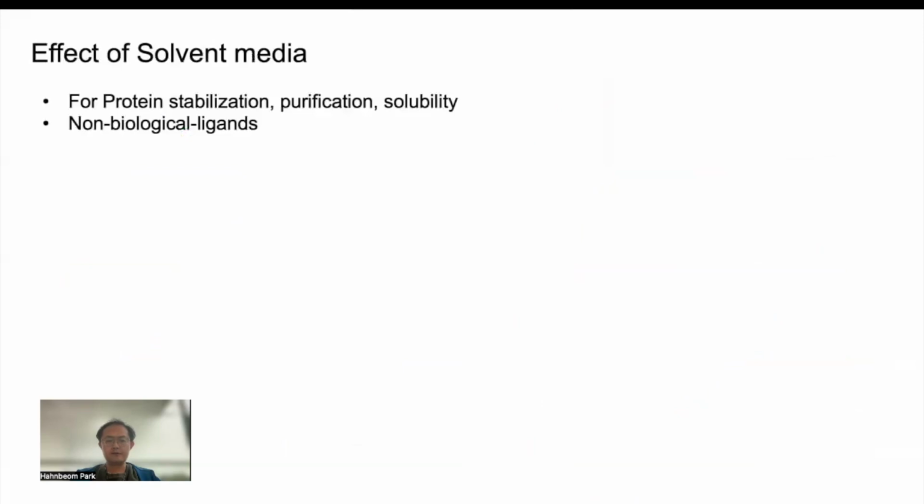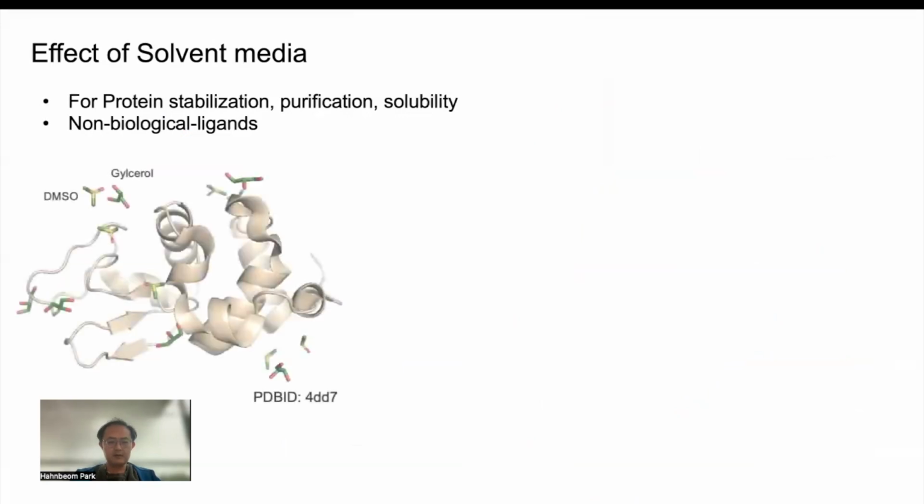There's also an effect from solvent media. Solvent media are often used to stabilize and crystallize proteins, and these are non-biological ligands. If you open up PDBs, you often see DMSO or glycerols surrounding the protein structure.